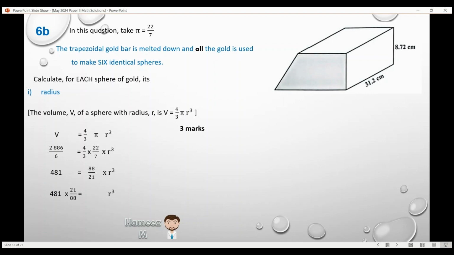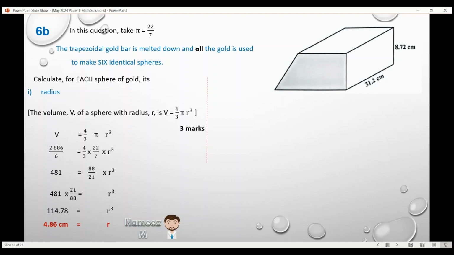When I carry it across, it'll multiply. And now that works out to be 114.78 is equal to r cubed. So what is r? The cube root of that, 4.86 centimeters. So when the radius of the sphere is 4.86 centimeters, it gives us a volume where all 6 spheres in total will be equal to 2,886 centimeter cube.